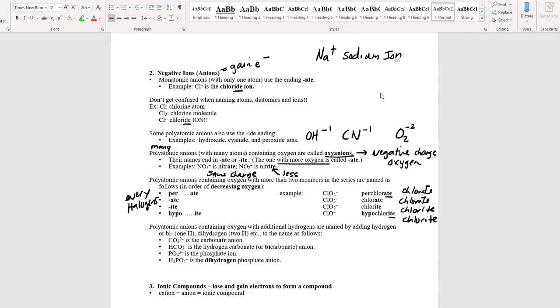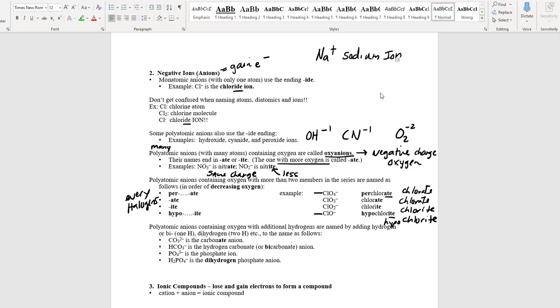Now the last addition is the one that has 4 oxygens versus the one that has 1. You just have 3 or 4 little letters to add to the beginning of it. So hypo, hypo meaning 1 oxygen. And then per means 4 oxygens. You're going to see that when you see the polyatomic called permanganate.